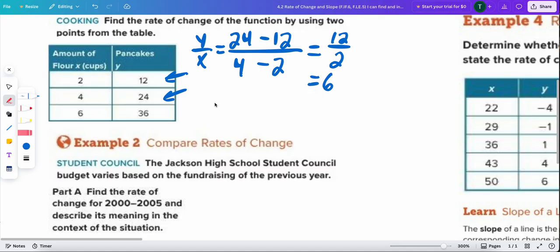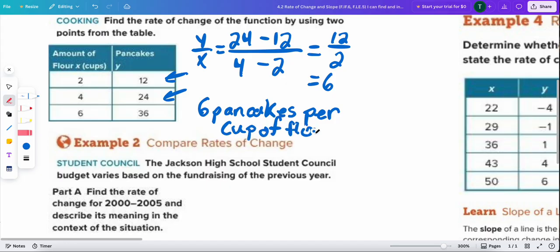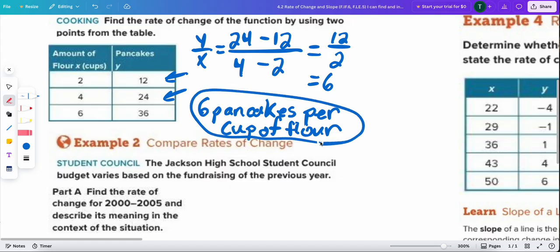So the rate of change here would be 6 pancakes per cup of flour. So that would be our rate of change here. Every time we add in a cup of flour, it makes 6 more pancakes.